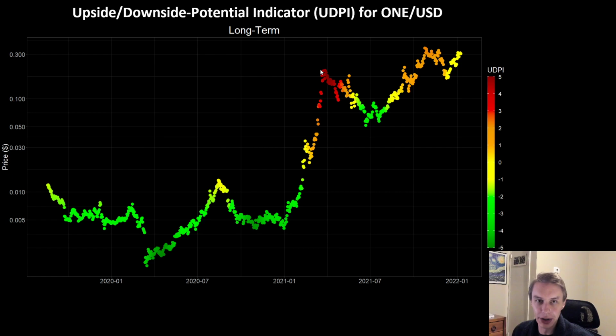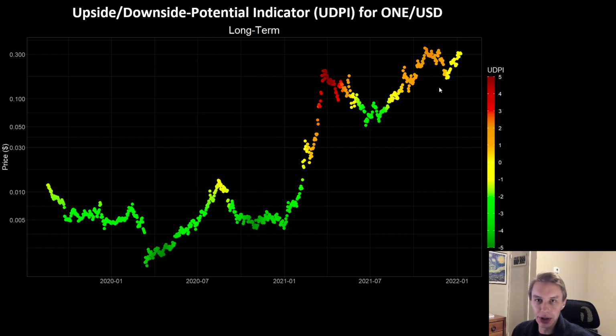One broke its all-time high back in the fall, and now we've been moving sideways since. Had a correction going into December, but now one has been putting in a pretty impressive move back to the upside. I think from the bottom of the lowest wick in December, it's up over 100%, so over 2x from that point, but still below the all-time high it put in back in late 2021.